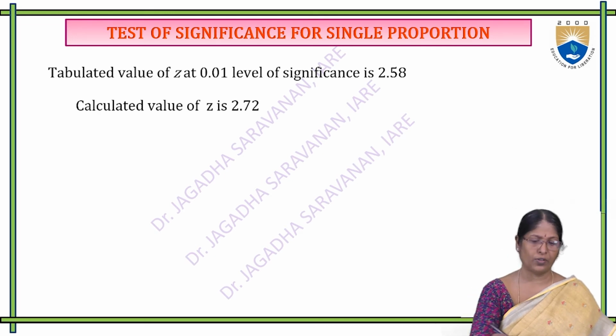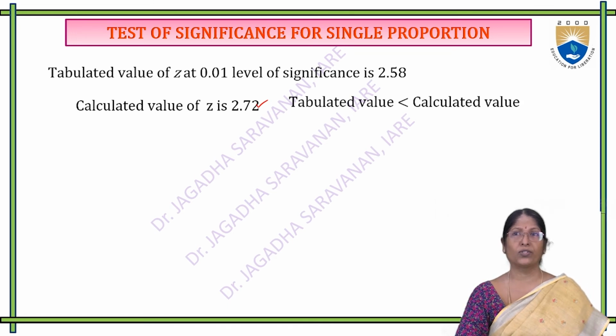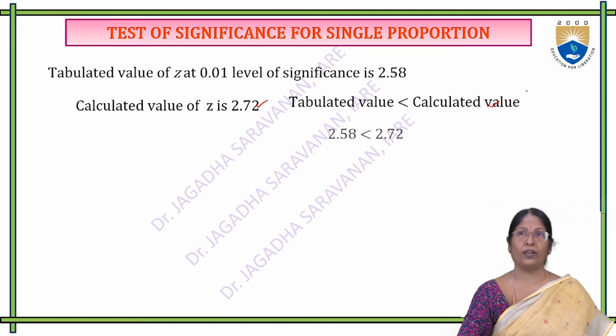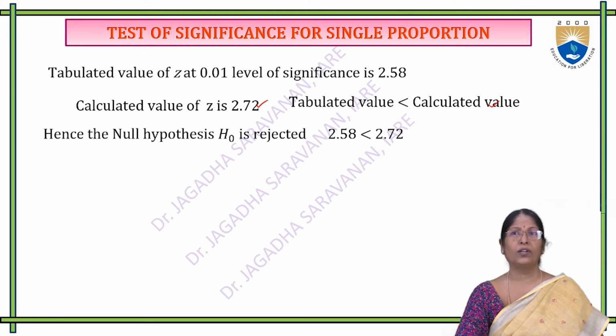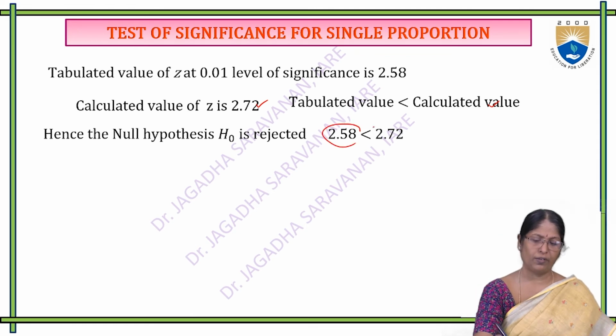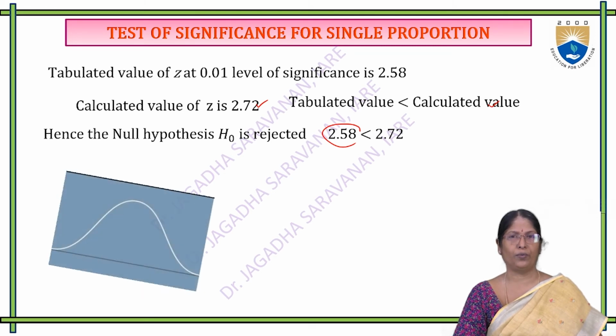Calculated value of z is 2.72. The tabulated value 2.58 is less than the calculated value 2.72. So the null hypothesis is rejected, because the tabulated value is less than the calculated value.